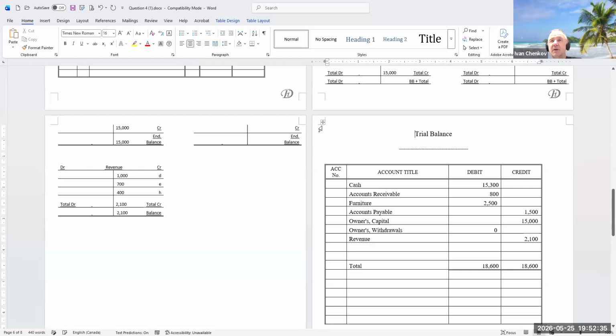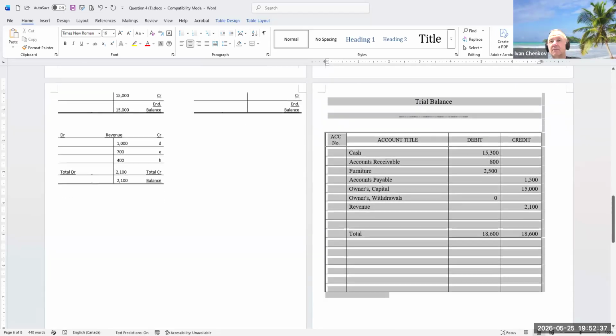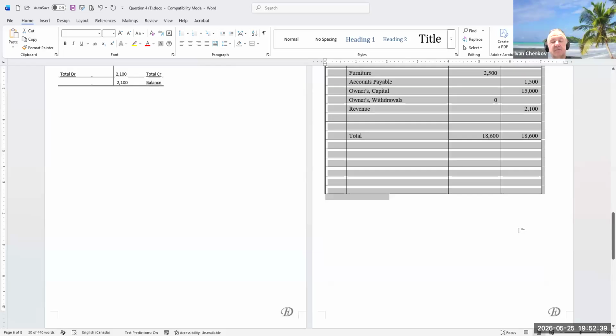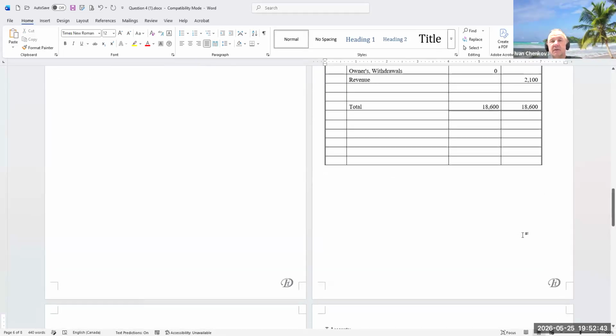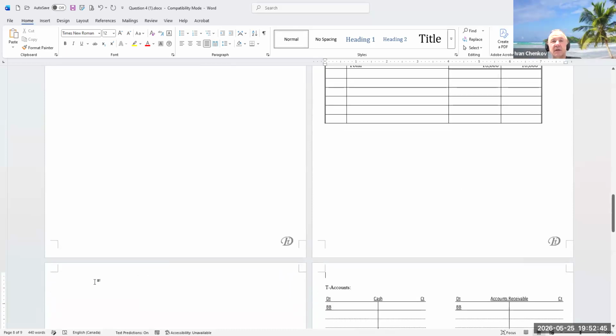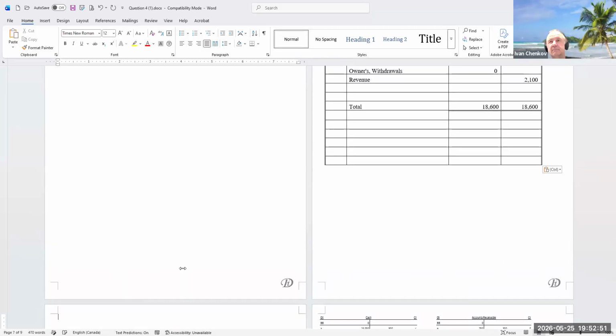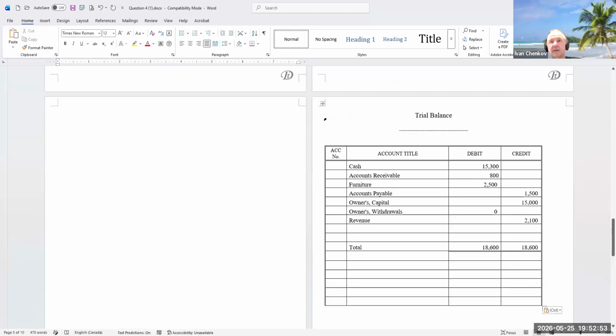Now, once I have my trial balance, I can transfer those balances into the financial statements. So let's do that and see what's going to happen. I'm going to try to push it down a little bit. That's my trial balance. Now let me see if I can bring them all together.